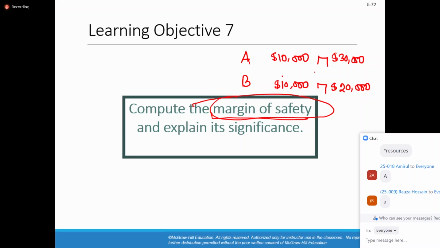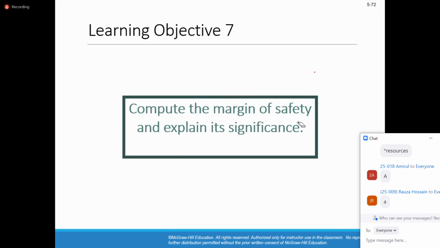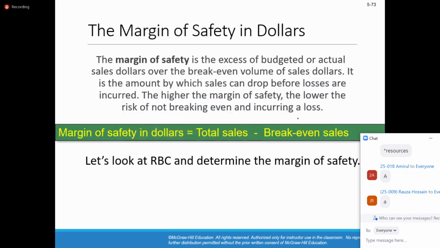With more margin of safety, you can use it later, and you can reduce your risk also. So we always need to target a higher margin of safety, and you know the reason. So let's explore it more formally.